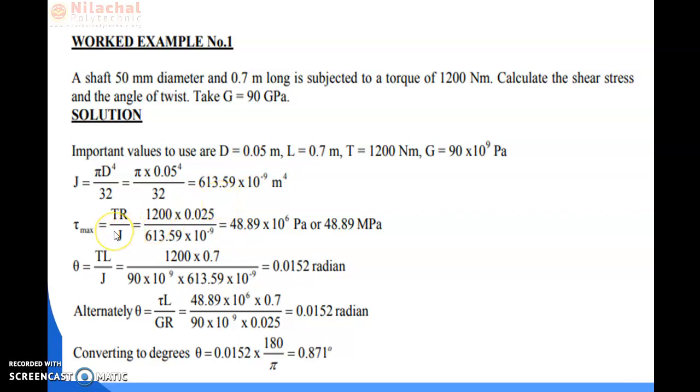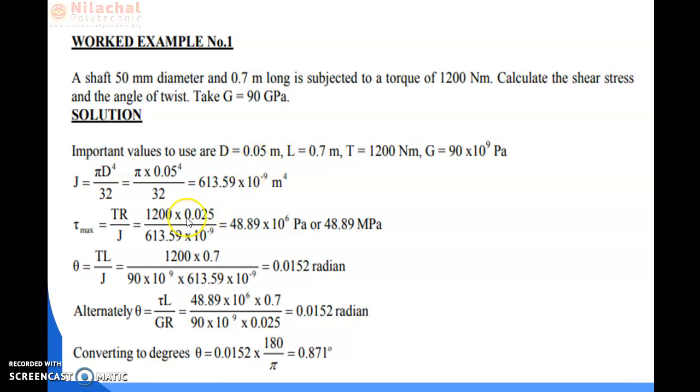Now, from the equation of torsion, we can find out the shear stress value of the shaft. We know the torsion equation as tau by R is equal to T by J. Hence, tau is equal to TR divided by J. T is given, R is given, J we have calculated. So now we put all these values here: 1200 into radius, which is half of the diameter, that is 0.05 divided by 2.